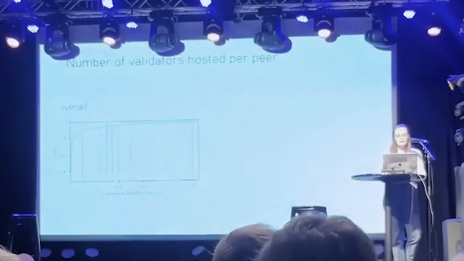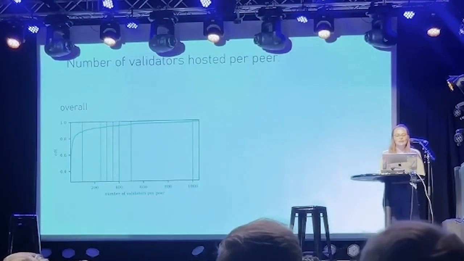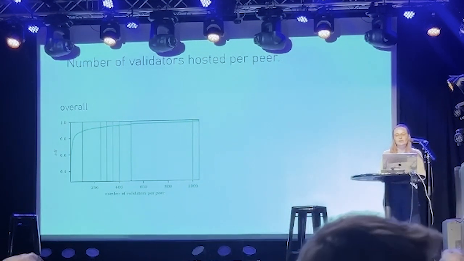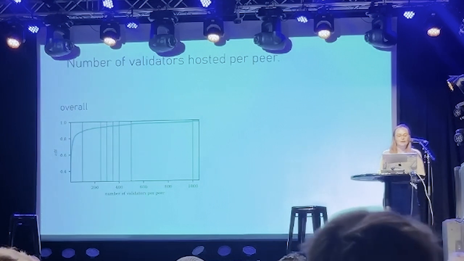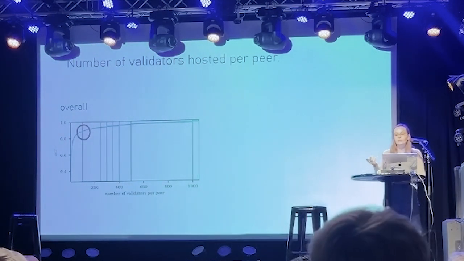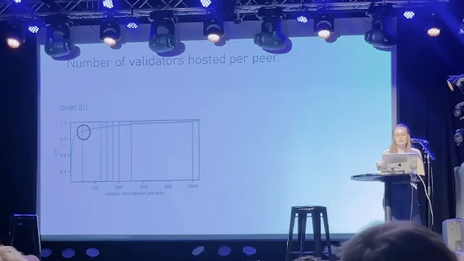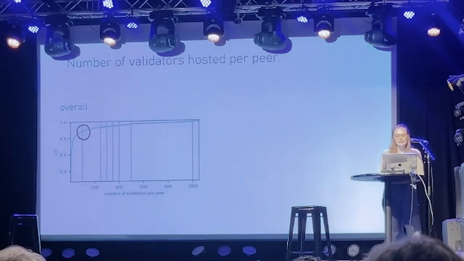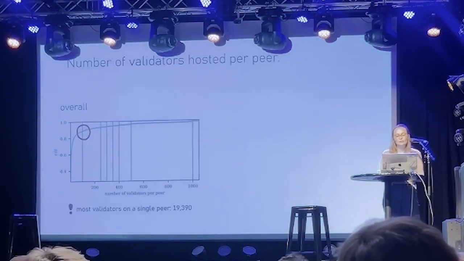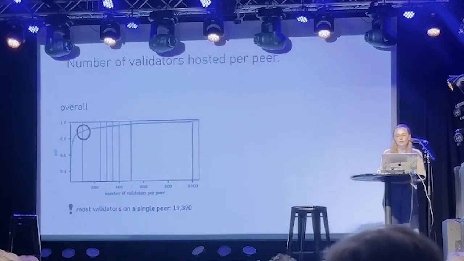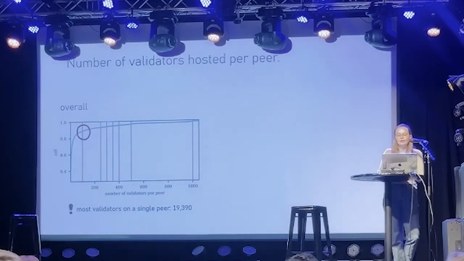I'm showing a CDF for that, and essentially what you can take away from this is that for the majority of nodes or peers, they're really only running a handful of validators, but there's around 30% of them that are actually running more than 100 validators on their machines. So these are no longer small players, I would say. And what came as quite a surprise to us is that the most validators we were able to locate on a single machine, so the number of validators running from a single peer in the network, was more than 19,000.